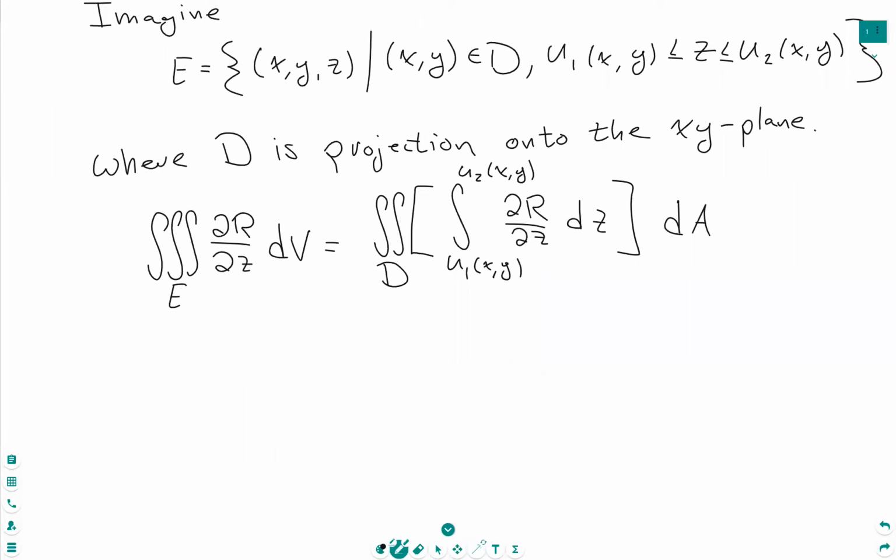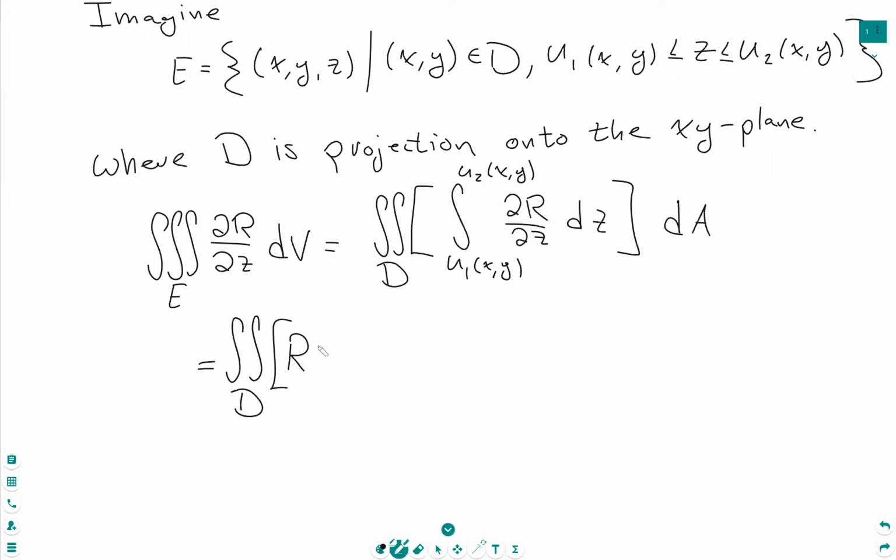So we can actually use the fundamental theorem of calculus on this first integral in here. This is still our double integral over D, but now we have a z derivative of R, and we're integrating with respect to z.